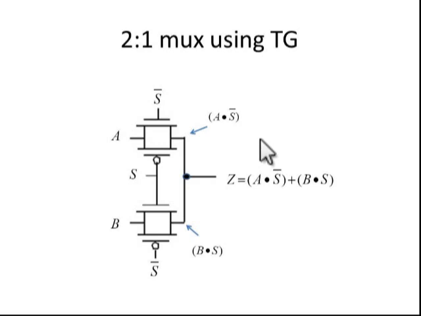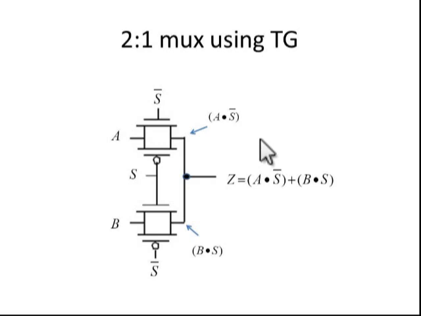I can design the NOT gate in 2 transistors, and an AND gate needs 1 TG, that is 2 transistors, and again there are 2 AND gates, so 4 transistors are required. An OR gate requires 2 TGs, so 4 transistors. So totally I need 10 transistors.